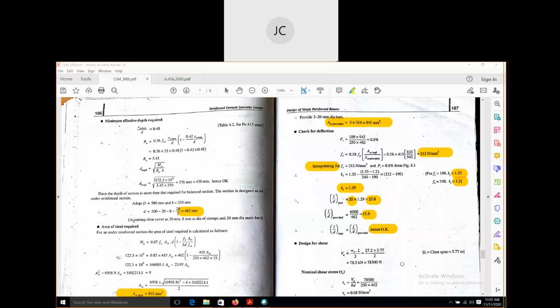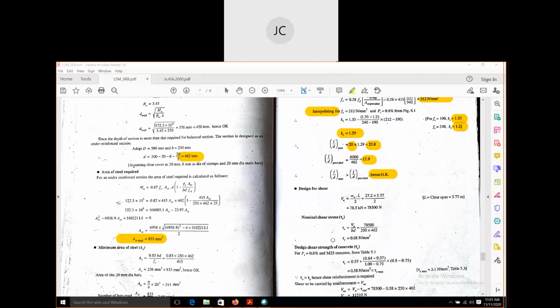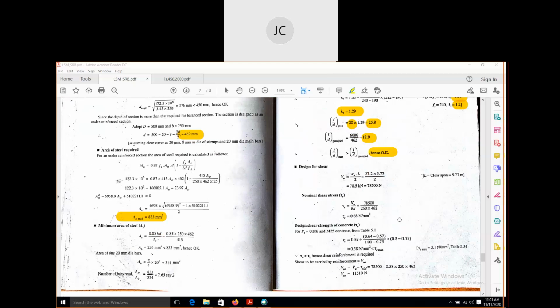Okay, so next we have to design for shear. After doing the check for deflection, we have to design the shear reinforcement. This shear reinforcement I will not explain again because in the previous chapter we have done so many numericals on this, and I have shared the PDF with you also.